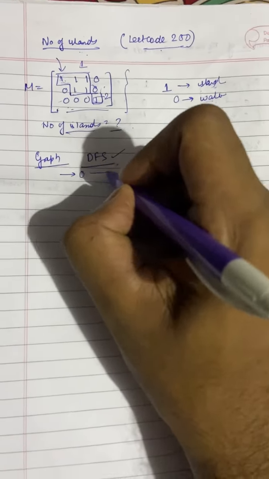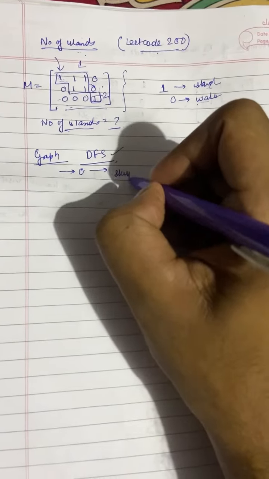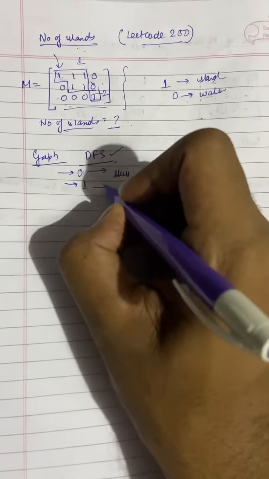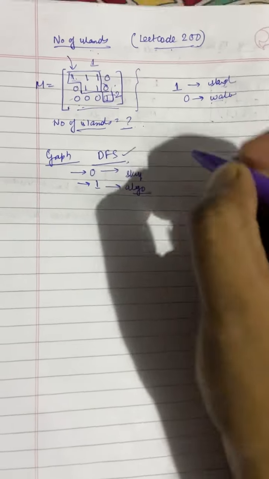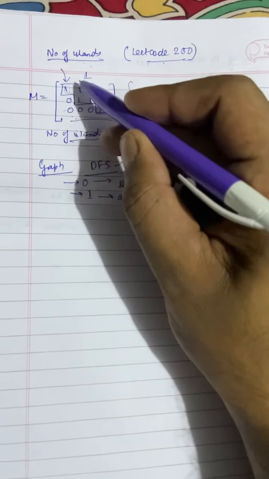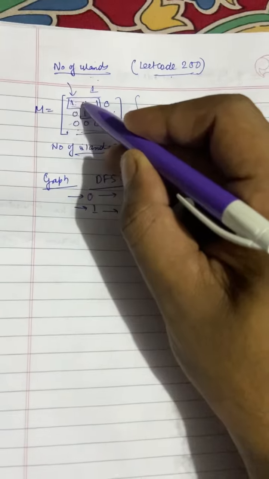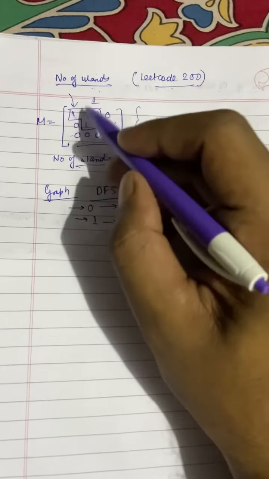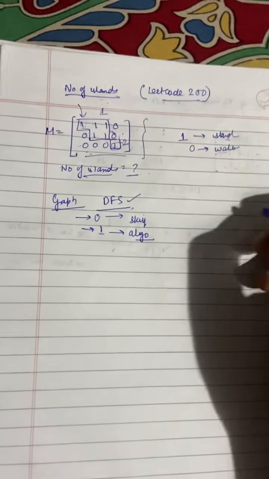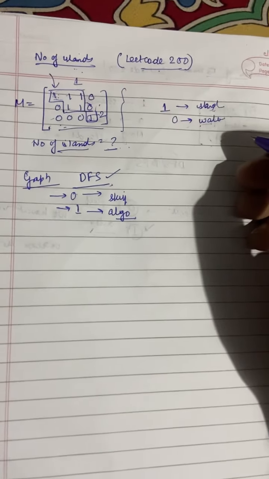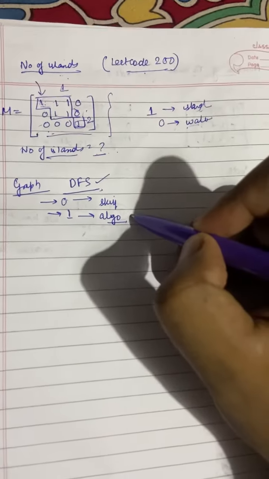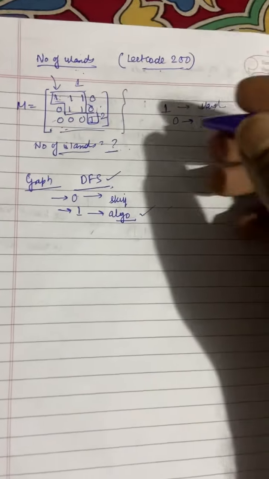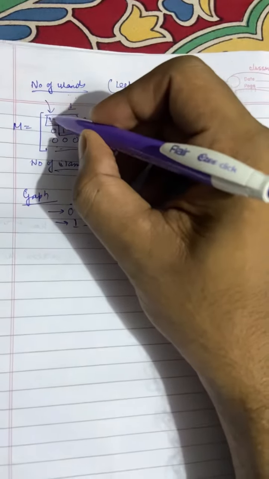If we are visiting a cell and it's 0, then we skip it, and if it is 1, then our algorithm starts. If it's 1, we need to check the right, the down, the left and the top, whether there is any unvisited 1 or not. If there is an unvisited 1, then we need to traverse that and do a depth first traversal there.